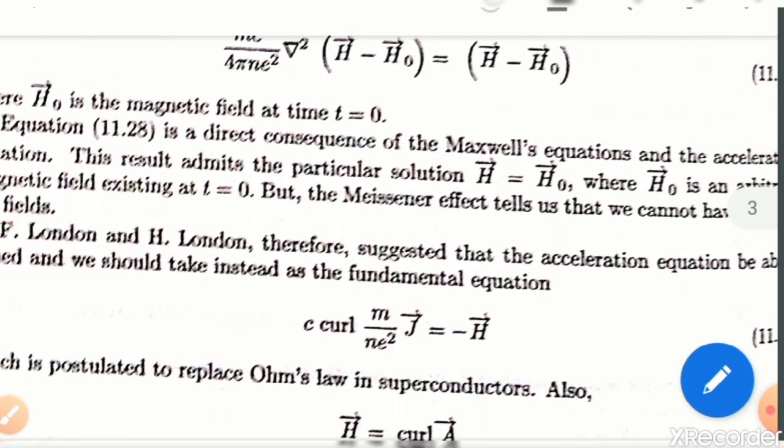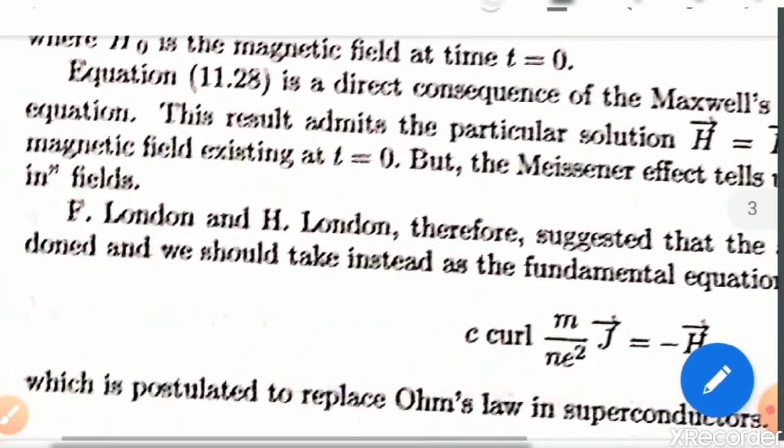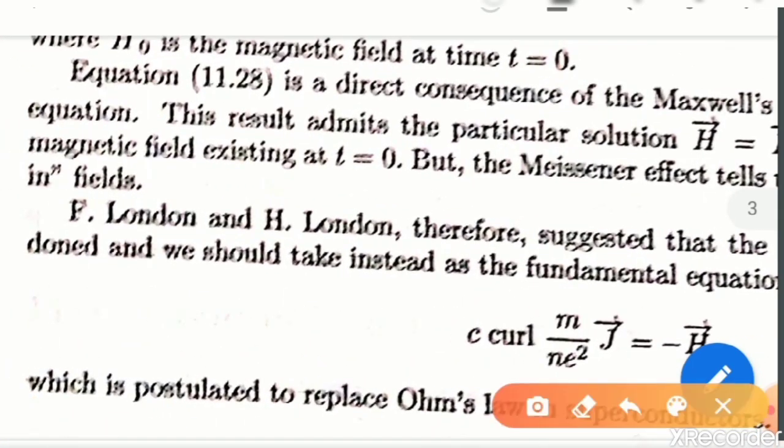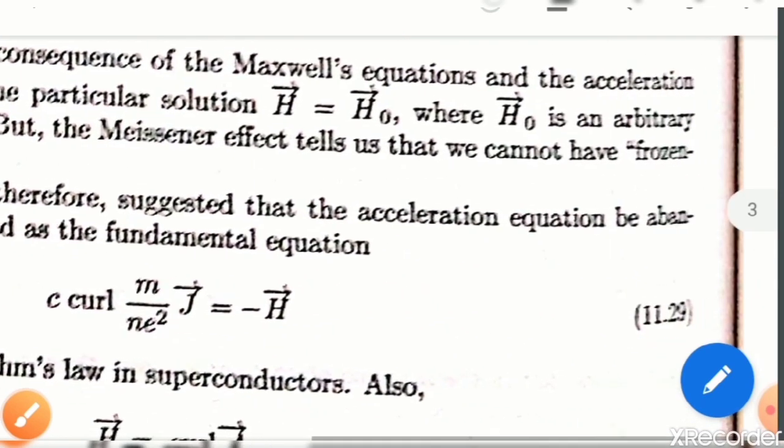F. London and H. London therefore suggested that the acceleration equation be abandoned and that we should take something else as the fundamental equation. Now, using this equation, here was the condition.